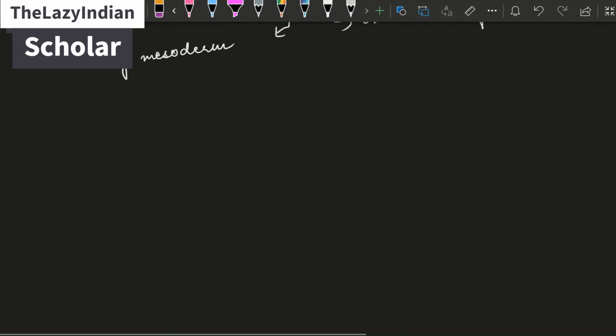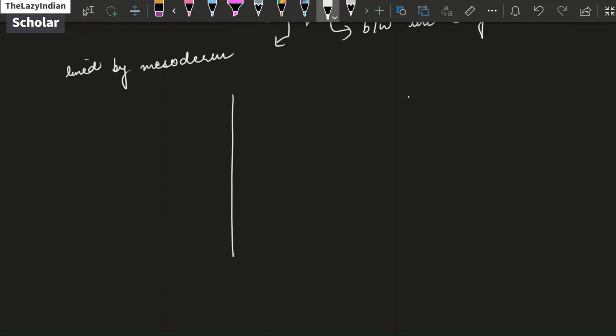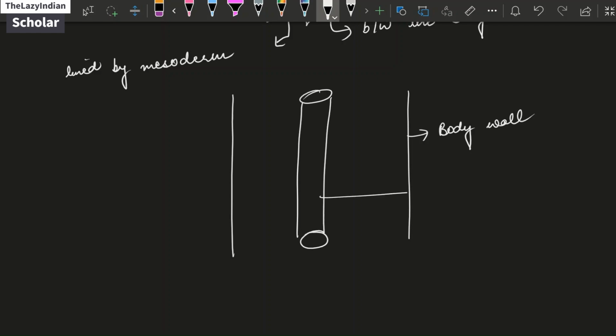With this diagram, it will be clear. Suppose this is the body wall. And this is the gut or the alimentary canal. And these both are lined by what? The mesodermal layer.